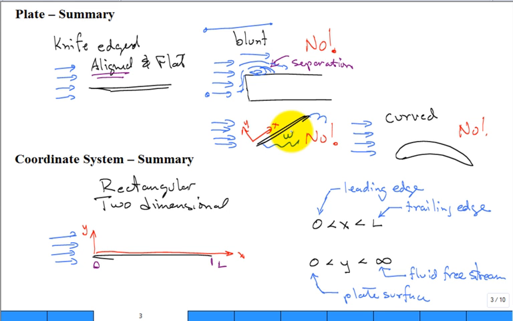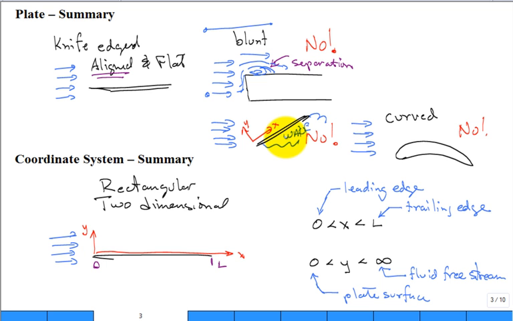A big wake region. And it's not going to have the velocity profile that we are interested in on the top of that plate. And it's not a curved plate. It's a flat plate. So all these are pretty obvious, but it's not blunt, it's aligned with the flow, and it's not curved.